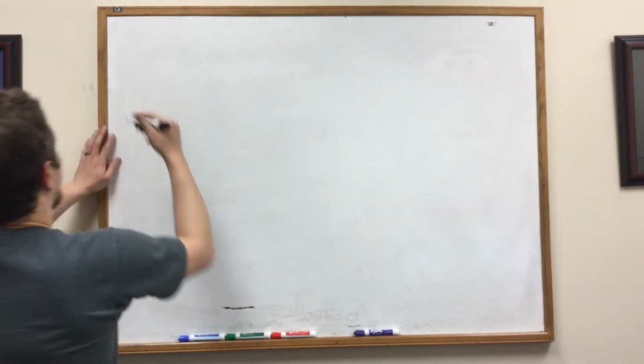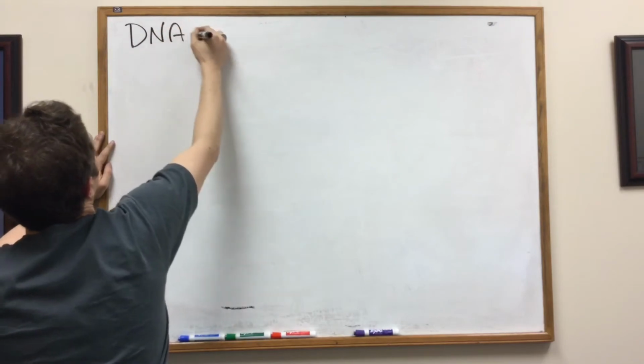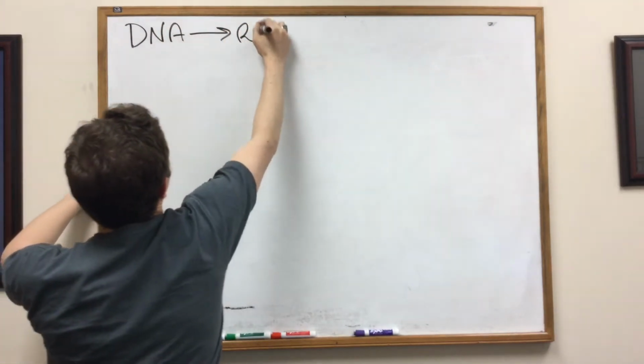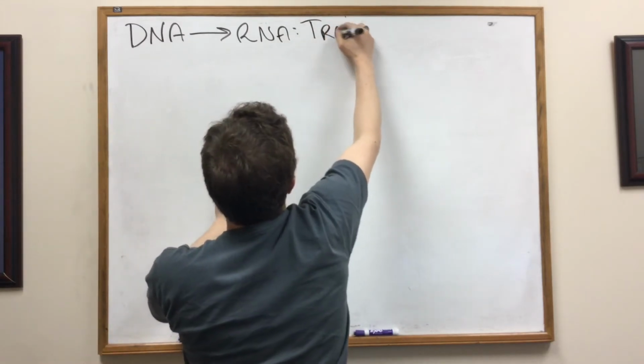So in this video, I want to talk to you about the first part of the central dogma of biology, where DNA is converted to RNA. And of course, we call this process transcription.